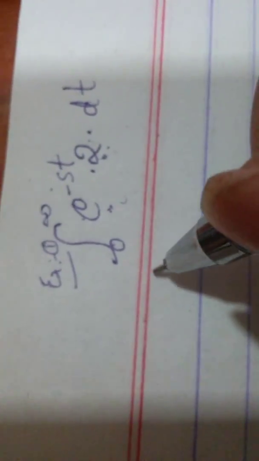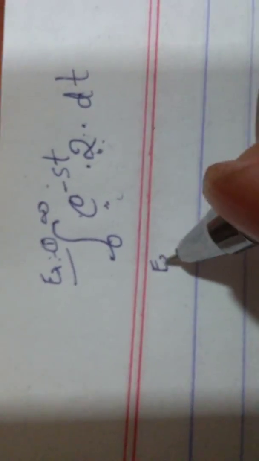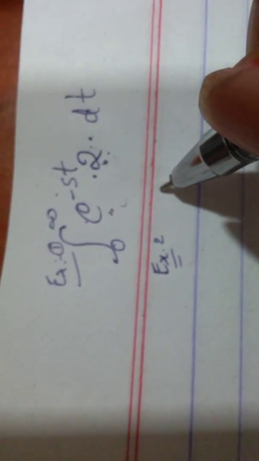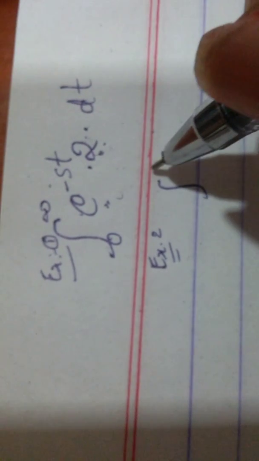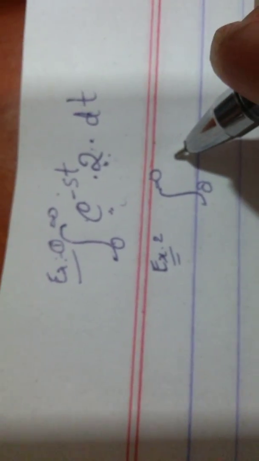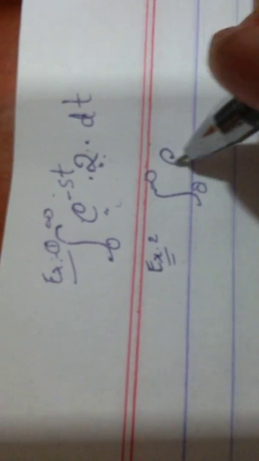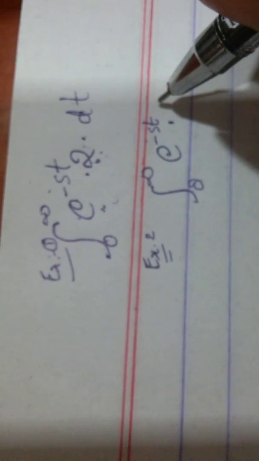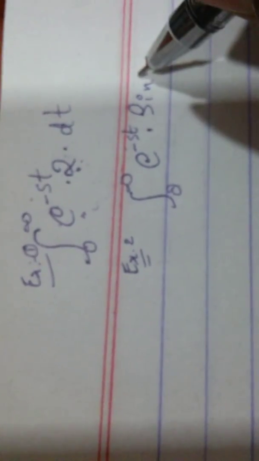Now the other example, how they ask you in the exams, is this. Example number 2. This is how you will come across it: integral from infinity to 0 of e to the power of minus st into some function, say sine 2t, into dt.